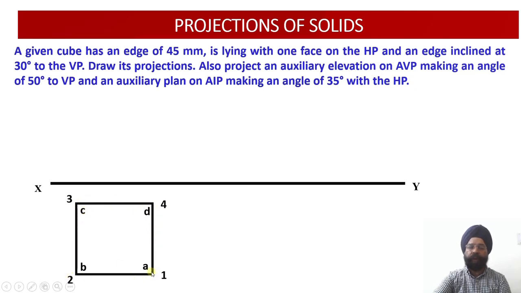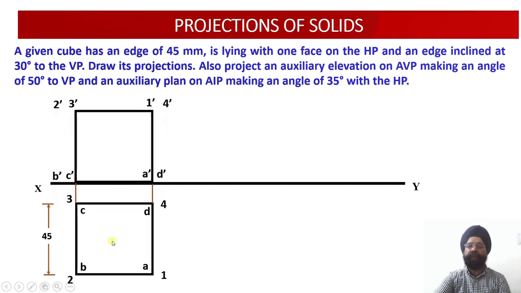The bottom face projection is A, B, C, D, and similarly the top face projections will be 1, 2, 3, 4. The edge of this cube has been given to be 45 millimeter. So after assuming that the edge is perpendicular to the vertical plane, we have drawn the top view of this particular cube.